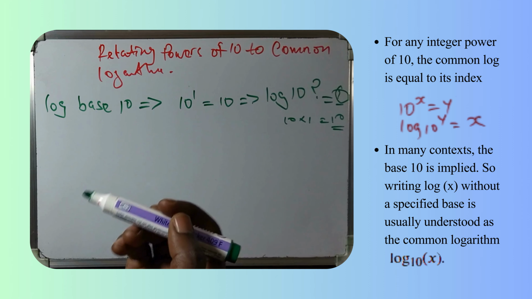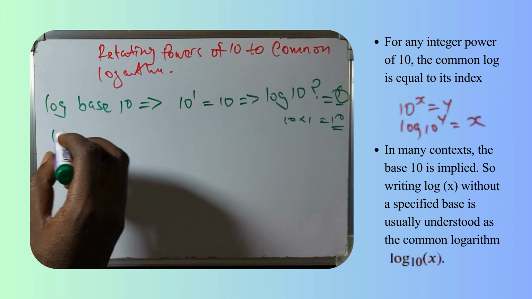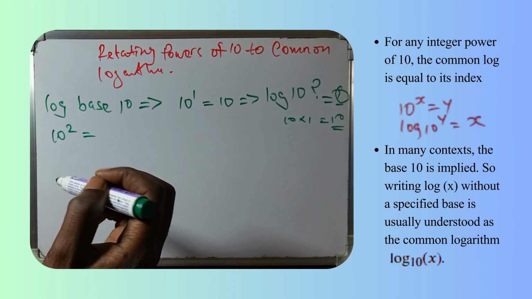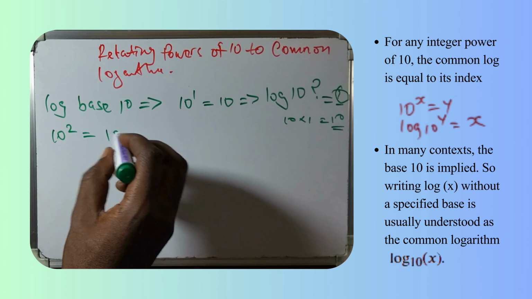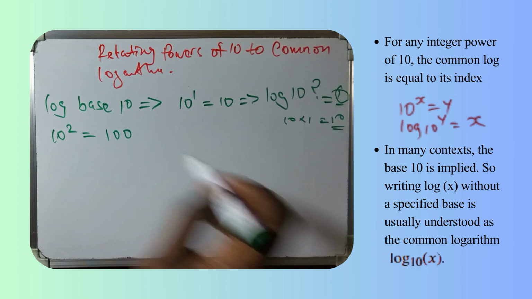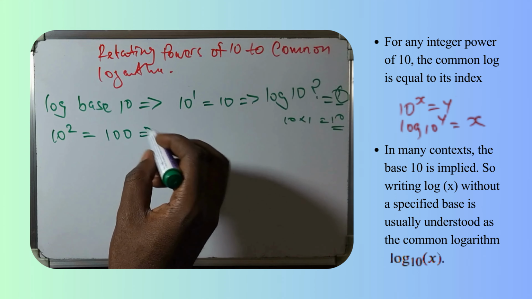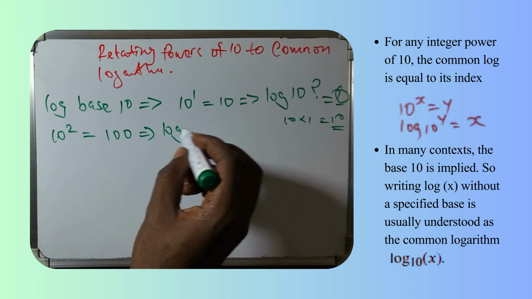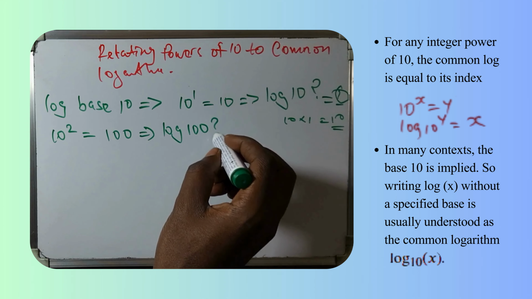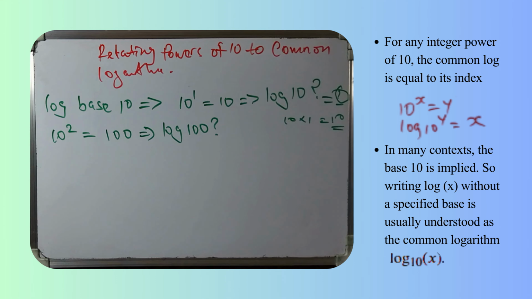Let's look at another example. 10 squared is 100. When I ask you about log 100, the logarithm of 100, I'm asking you how many times will I need to multiply 10 to get 100?